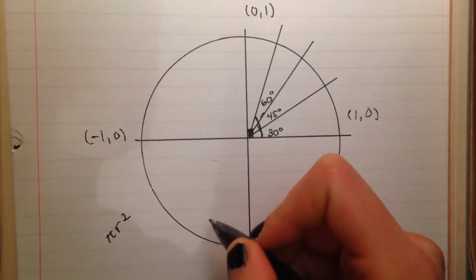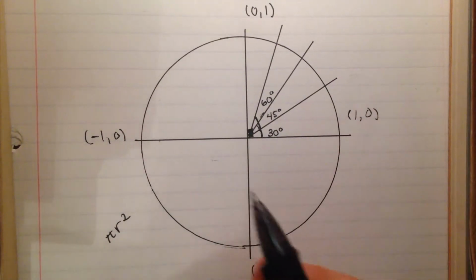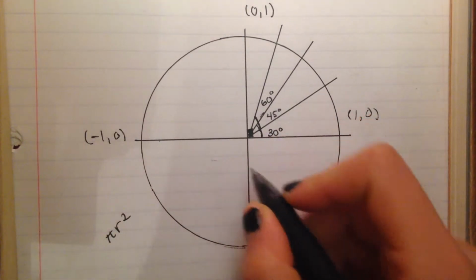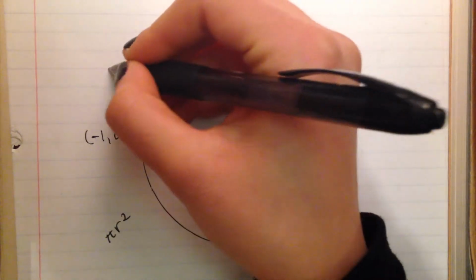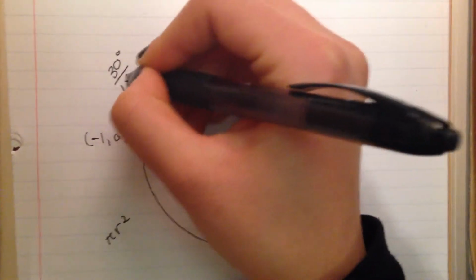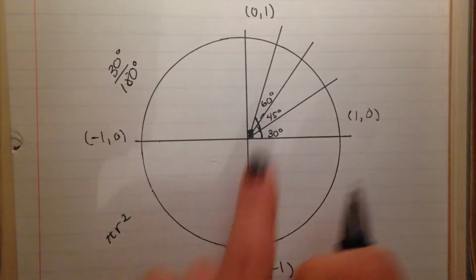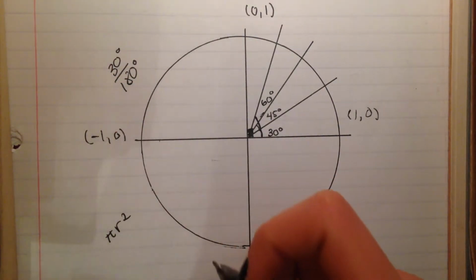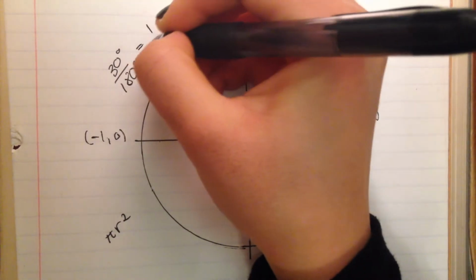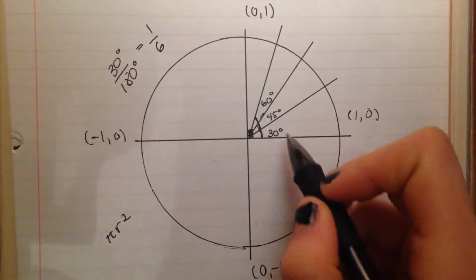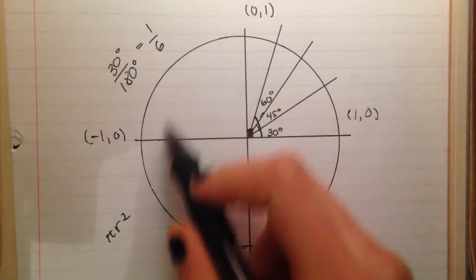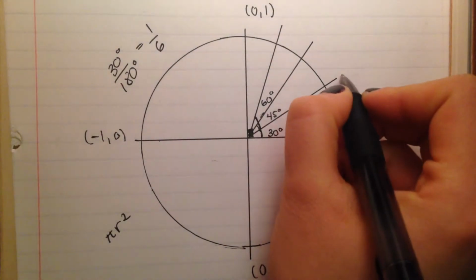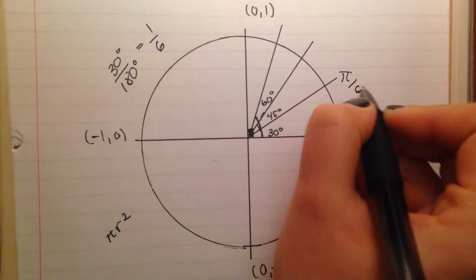To remember this, I look at half of a circle, and then I think of this as 30 degrees over 180. You should know that a circle is 360 degrees and half of it is 180. Plug it in your calculator and you will get 1/6. So now you have 1/6 of pi. This is your pi and this is 1/6 of pi.